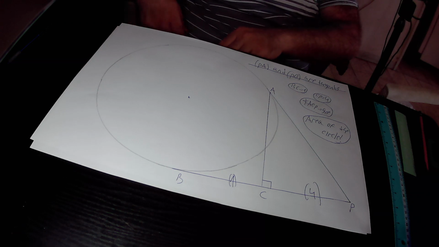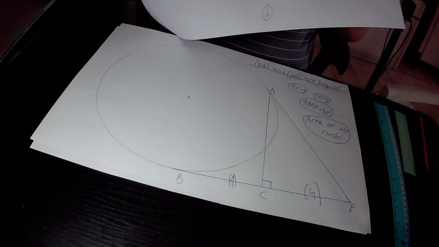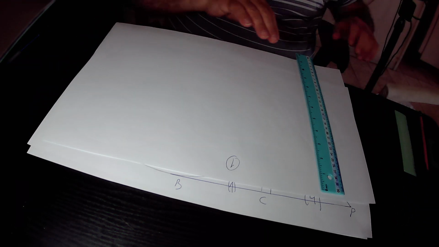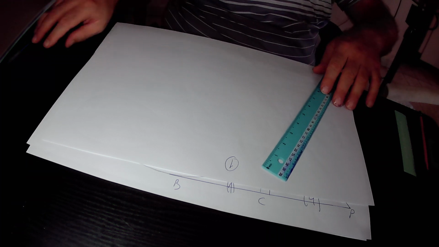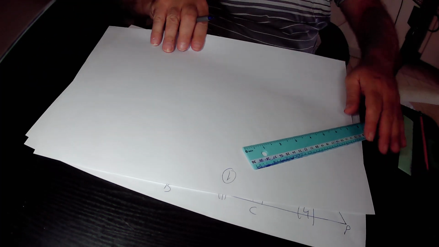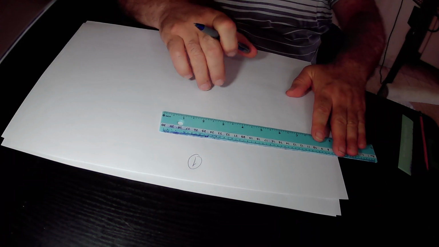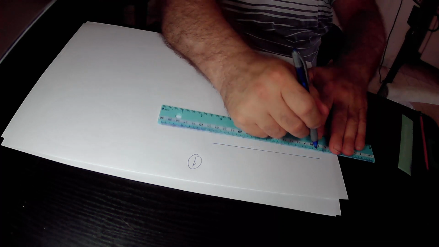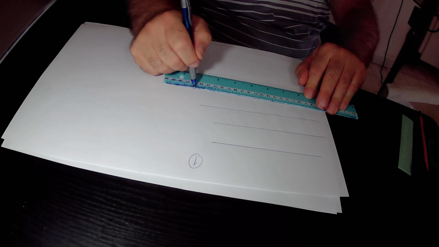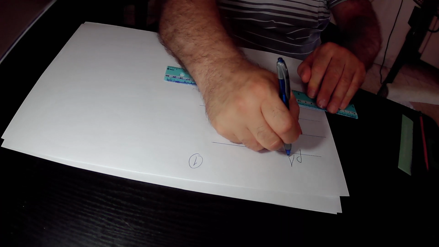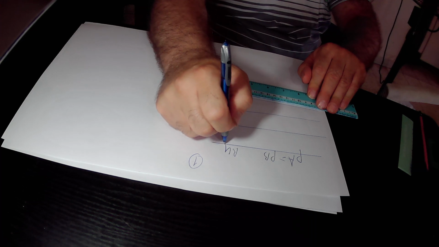So I write it down. PA equals PB according to rule 2.